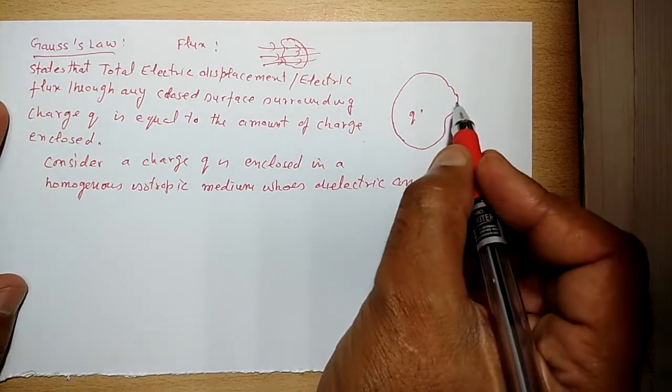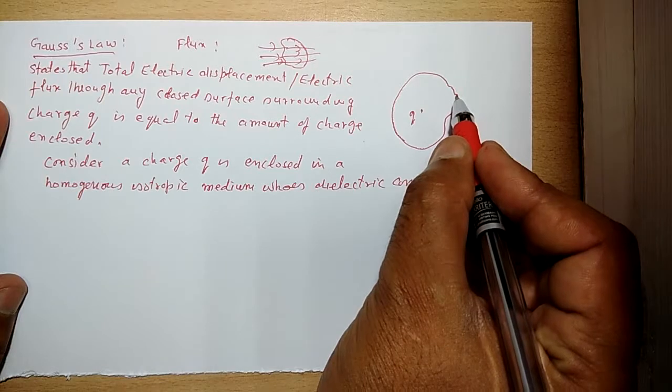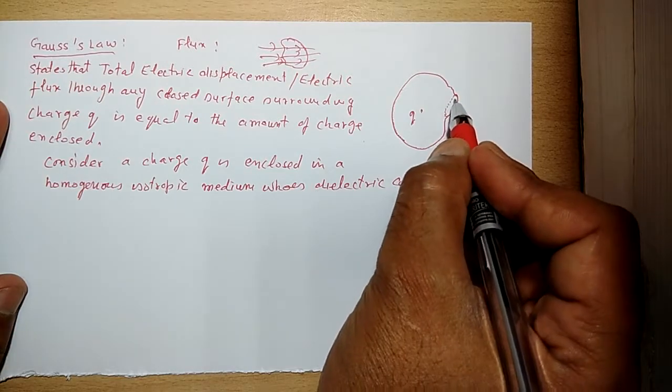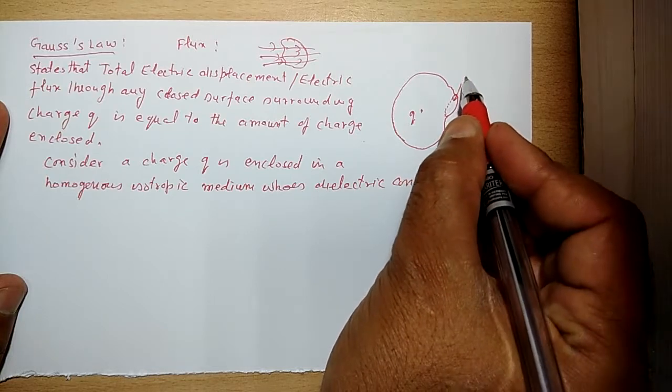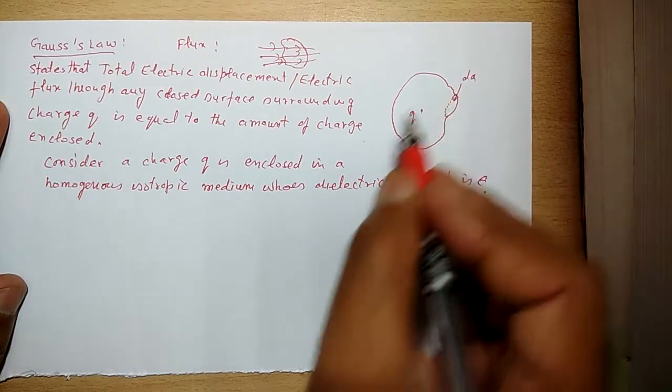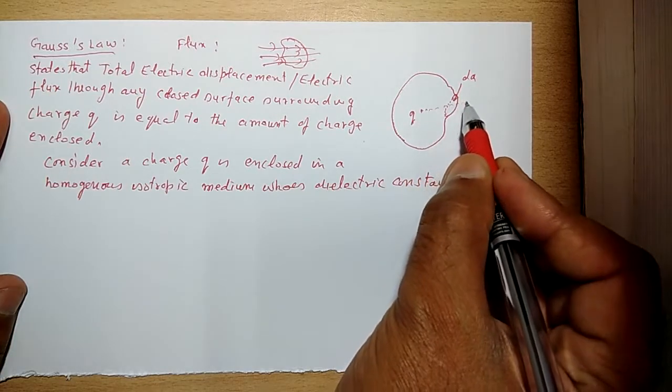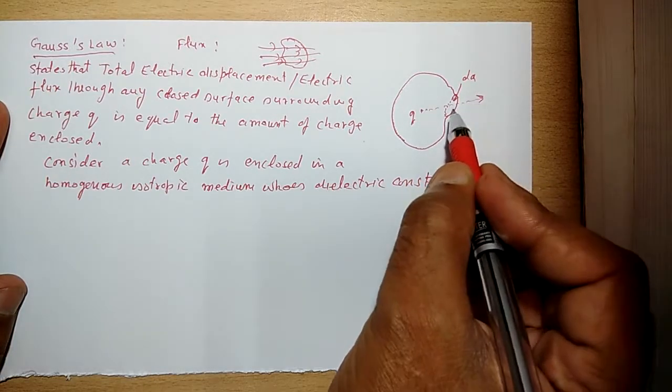Now here we will consider a small area element. Say this is dA, the area element, and this is the electric displacement density vector.